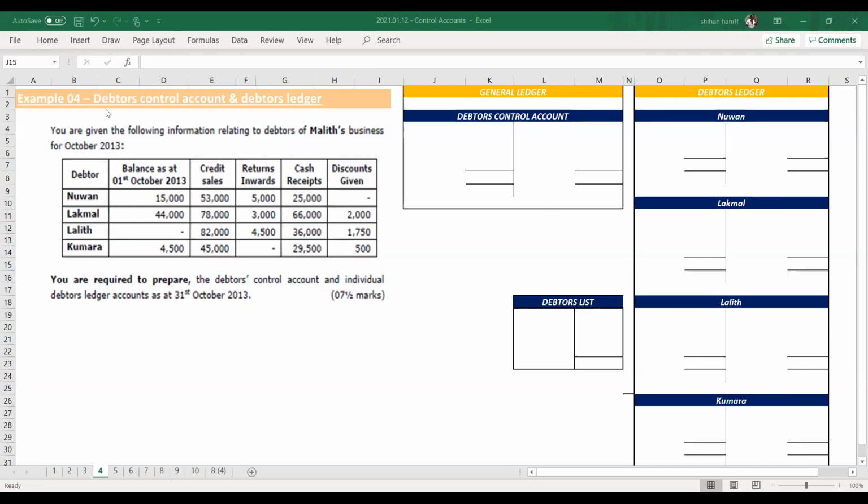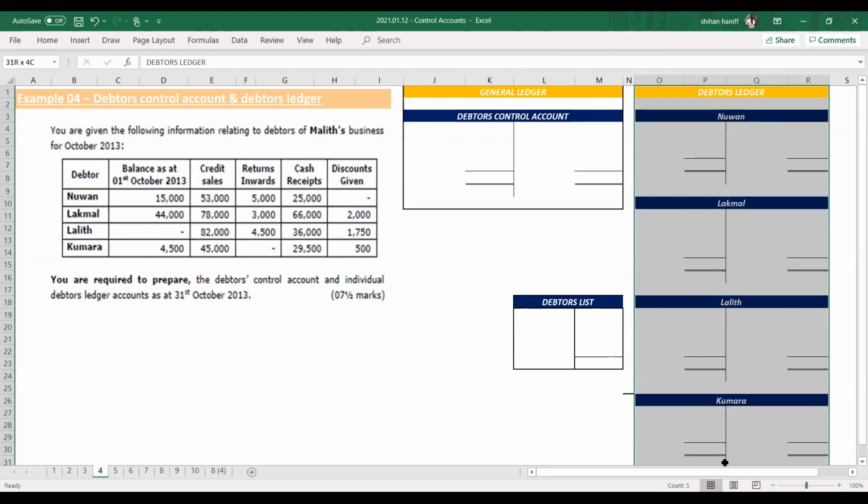Okay, so example 4 is debtors control account and debtors ledger. Right now we have the general ledger. In the general ledger, you can draw the debtors control account. And separately, you can draw the debtors ledger.